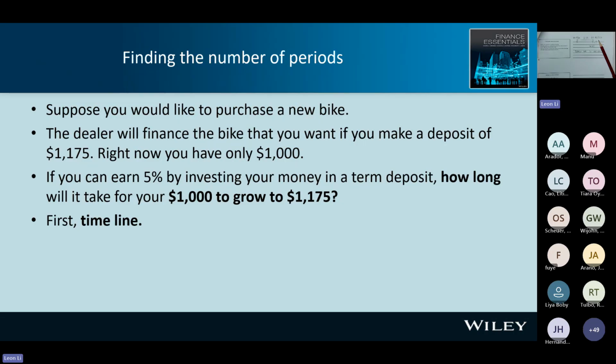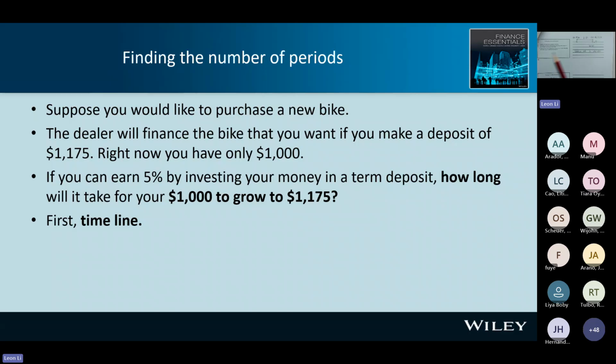Then the interest rate is 5%. You want to know how long. That means your time or number of periods. So again, 4 variables, they have a relation. By given 1, 2, 3 variables, we may know the fourth.